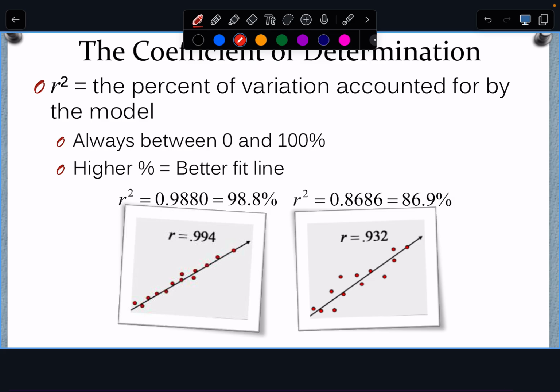So if I have a positive association, when I take the square root of R squared, I take the positive root as my correlation. If I have a negative association, I take the square root of my correlation squared, and I need to make it negative to match the direction of my association. So there's just one more thing to consider. If I have correlation squared and want to go backwards, I need to make sure that my correlation matches the direction of my association.